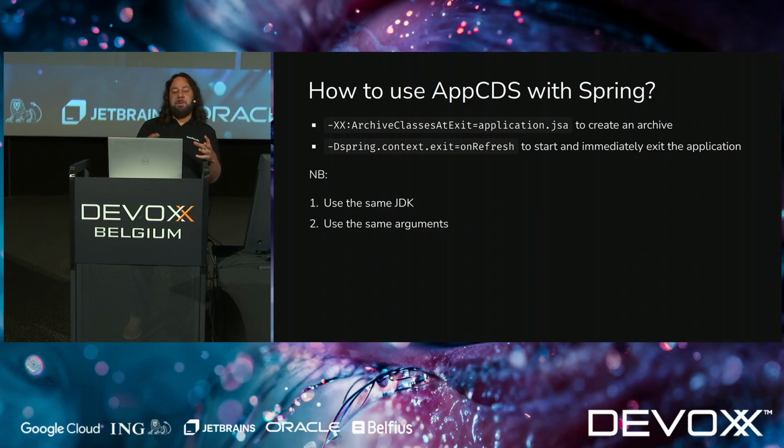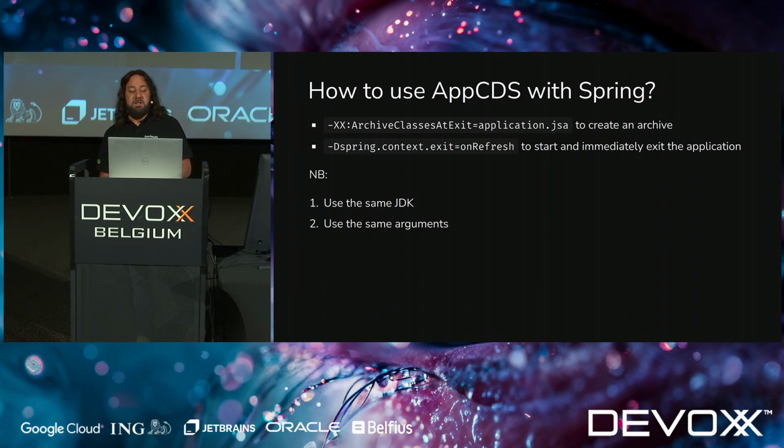How can we use AppCDS in our application? It's only 2 steps, actually. First of them, add this argument to the JVM, -XX:ArchiveClassesAtExit, and put a path to your archive somewhere.